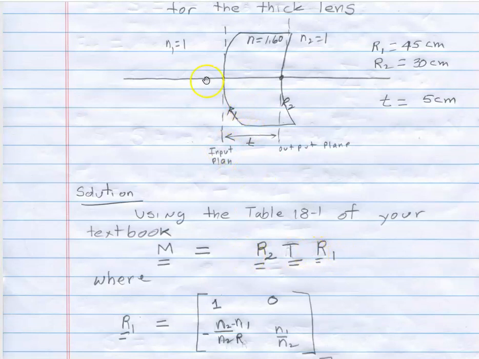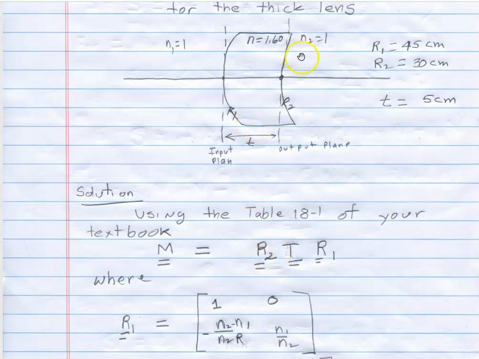So the first matrix I'm going to write is the one I'm going to call the refraction at R1. Then to go from here to here, I have to do a translation by the thickness T. And then finally I go through the surface R2 to get to the output.